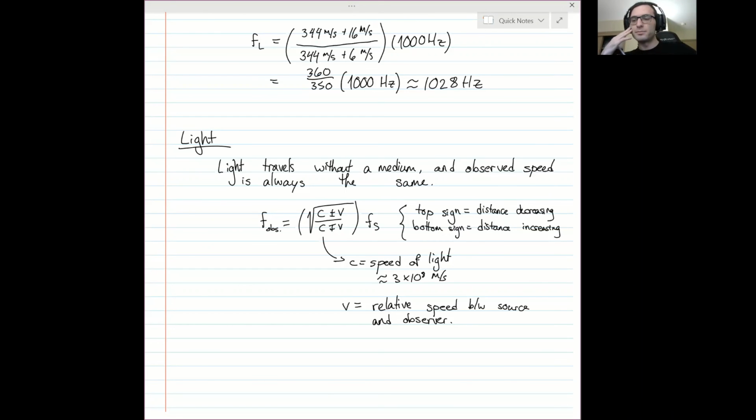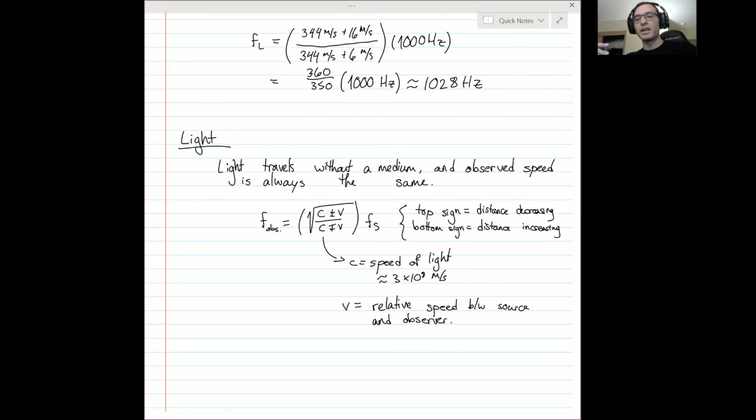Now, does some weird phenomenon occur with light, similar to sound, when the denominator approaches zero? I will answer Grant's question, and then I'll comment on Seth's point. As the denominator approaches zero, what that means is that the distance between the two things is decreasing close to the speed of light.